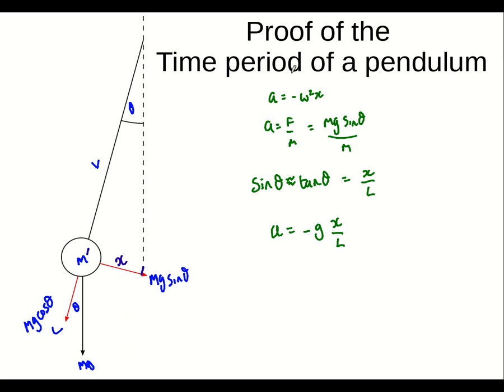Now we've got something which is in this form: a equals some constant times minus x. So from that we can see that g over L is equal to omega squared.